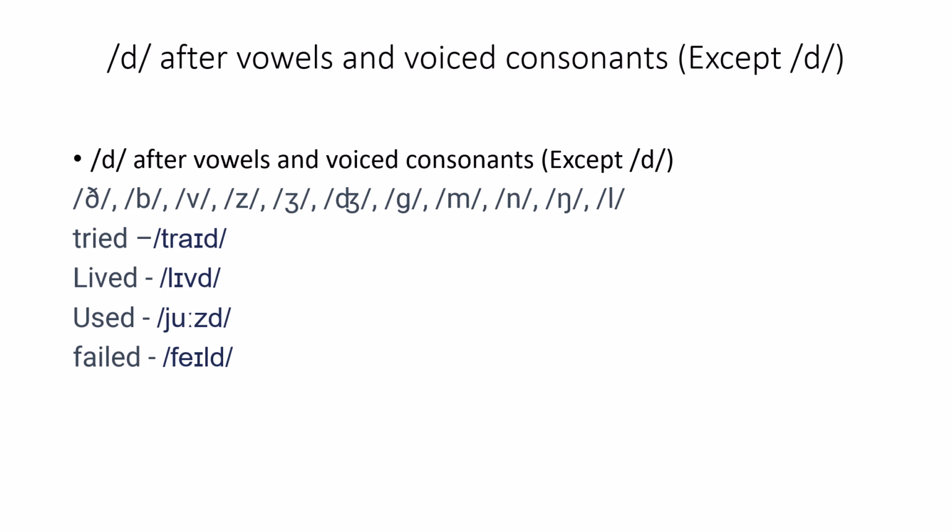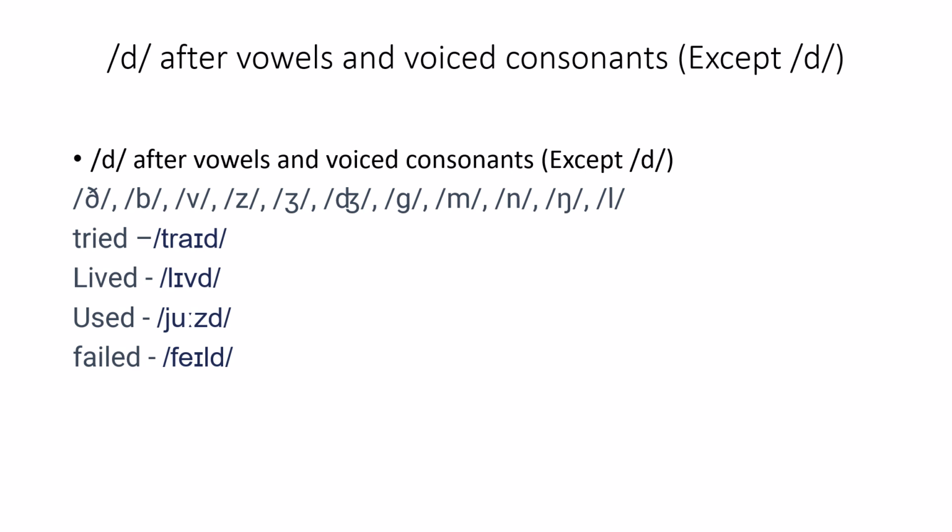So if you are going to use ed after a voiced consonant, you pronounce this ed as d. Only the d sound is there. Now examples are given here: tried, lived, used, failed.